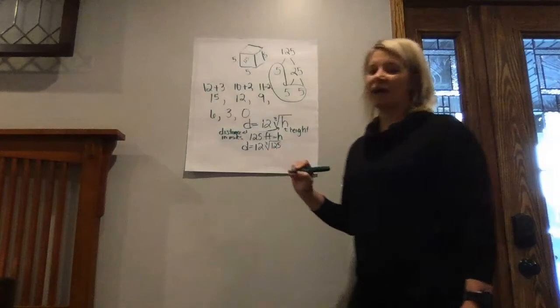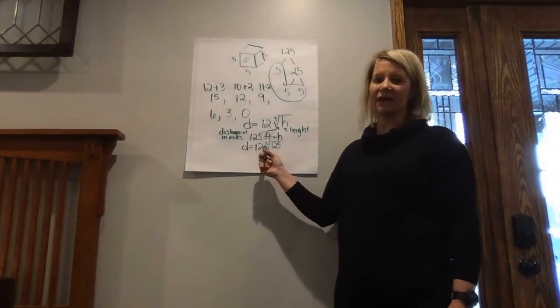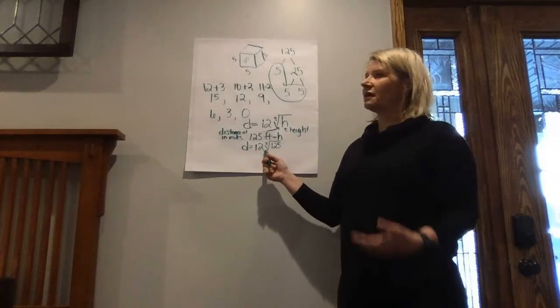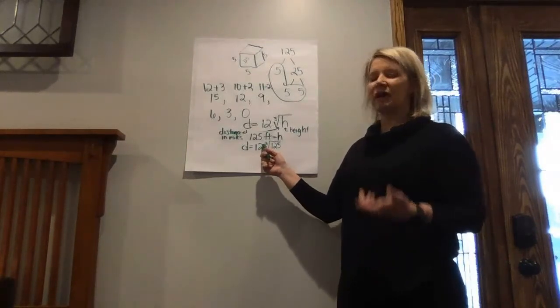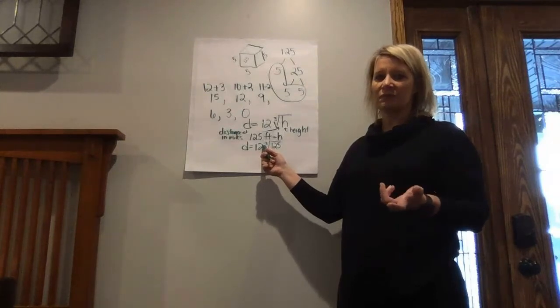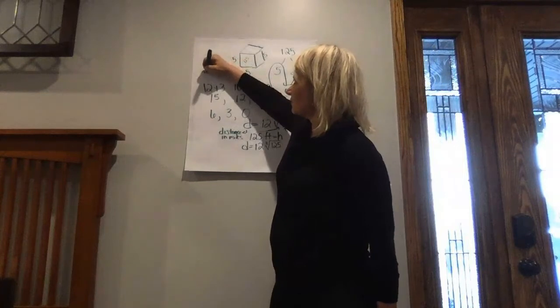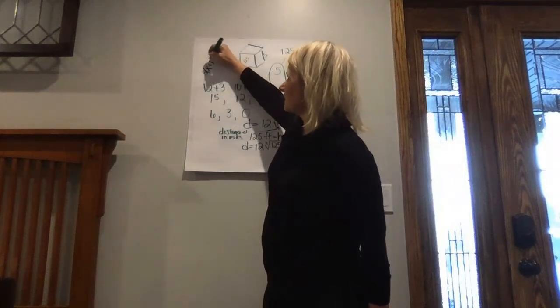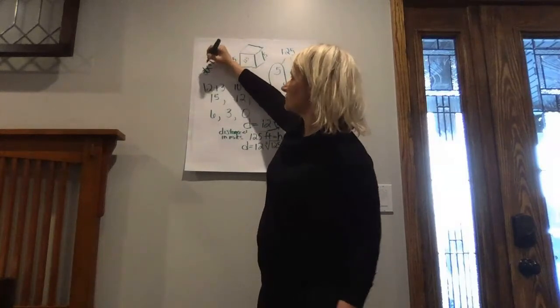Okay? Now we haven't talked a lot about what to do with this number if there's a number on the outside. Well, it's kind of like any other operation. It's kind of an assumed multiply, just like when we distribute, so if we would have 3 times x plus 1, even though there's not a symbol there, we know that we're going to multiply.